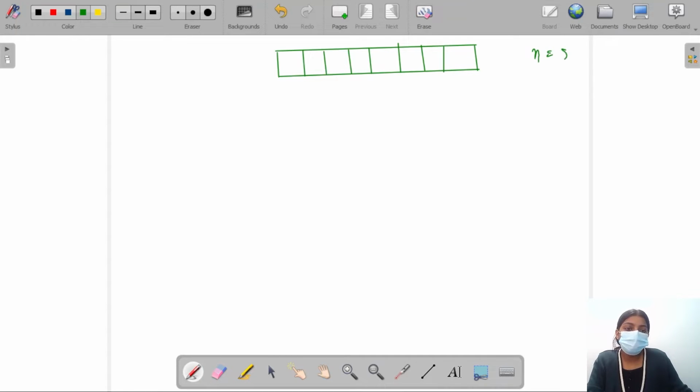N here is equal to, let's say, 8, and my sides are 6, 4, 19, 8, 12, 5, 7, 25. Okay, these are my sides. So what do I have to do?